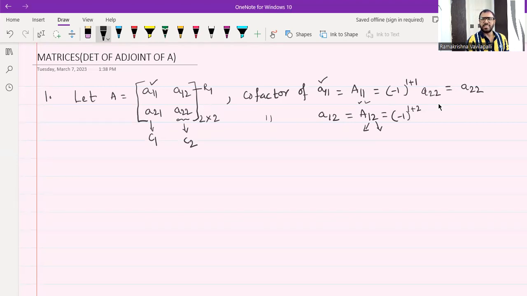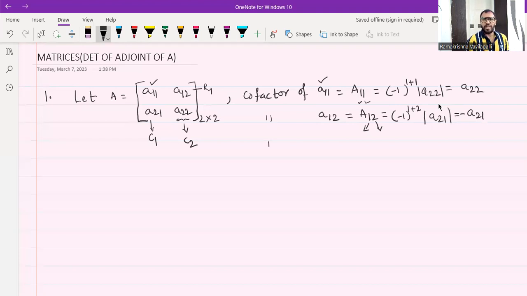Here we write a determinant, it is not at all a modulus. The determinant of a single element is nothing but that element itself. Here (-1) to the power of 3 is odd, so it becomes -1. You will get A12 equal to minus a21.